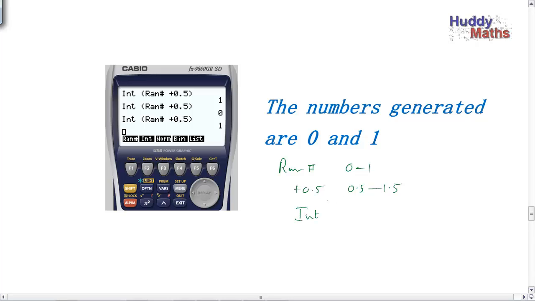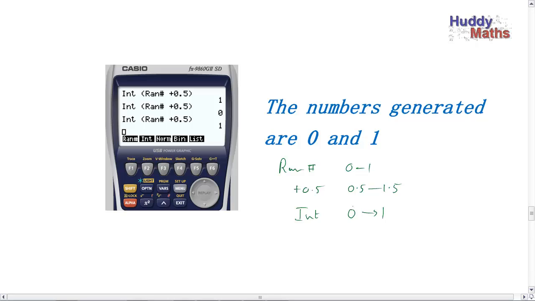Now what would 0.5 be? It's not big enough to be 1, so it's got to be taken down to 0. And 1.5 is the max, so that has to go down to 1. And everything in between will go down to 0. So this is an interesting way of generating 0 and 1.